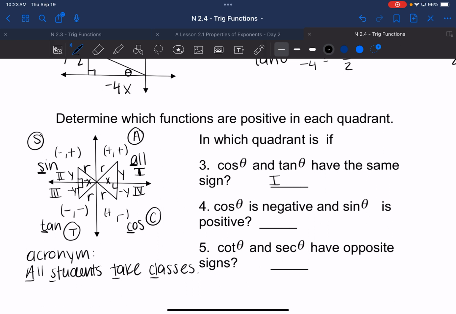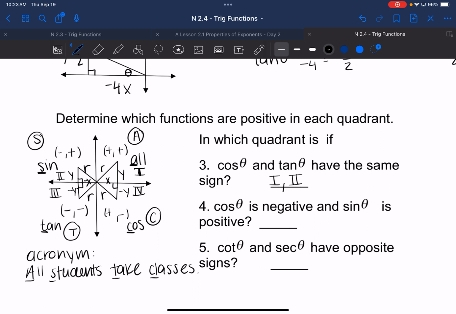Yes, they're both negative there. In quadrant 3? No, because tangent's positive there. In quadrant 4? No, because cosine's positive there. So only in quadrants 1 and 2 will they be the same, both positive or both negative.